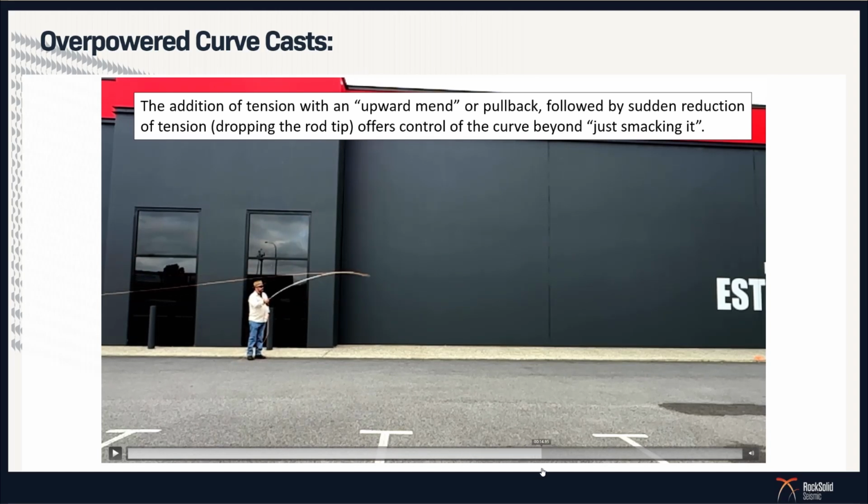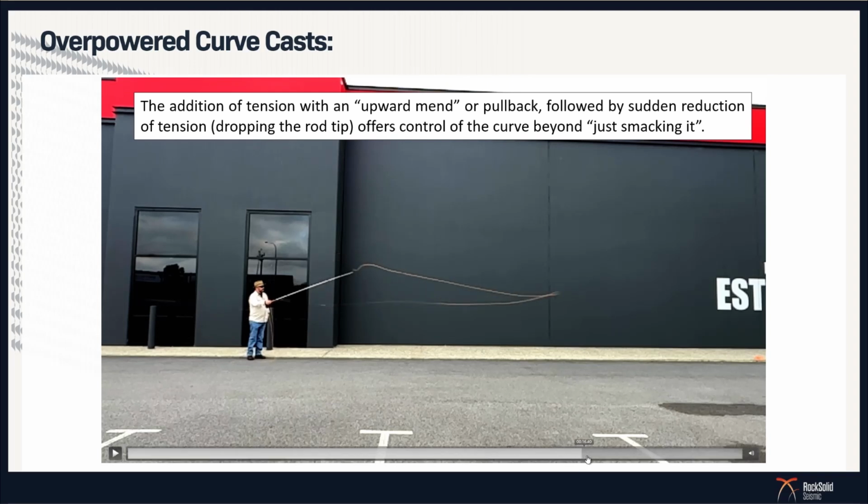So here's my loop formation. It's a horizontal loop, so it looks very, very tight. When I lift the rod tip immediately after loop formation, I'm increasing the speed that this wave travels through the string. And then when I drop it, adding slack or decreasing tension, this wave no longer travels through the string as quickly and allows this to catch up and overtake it.